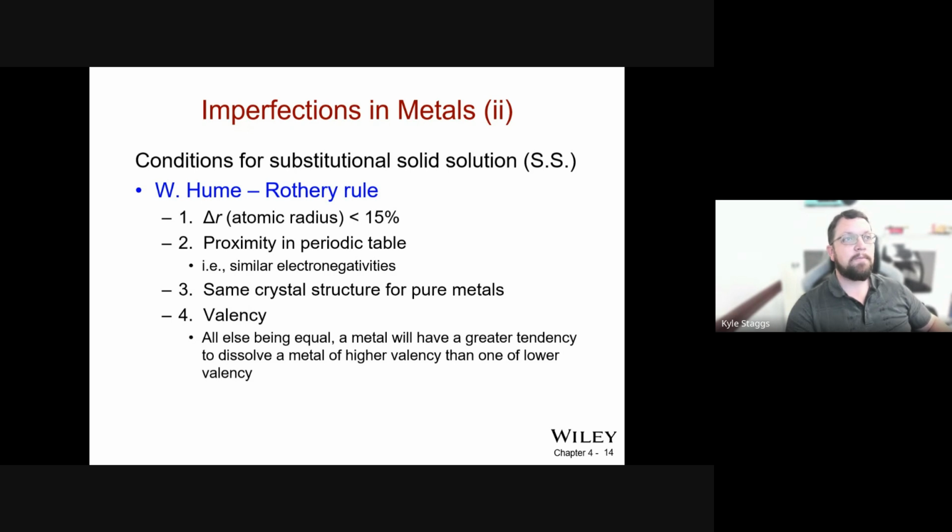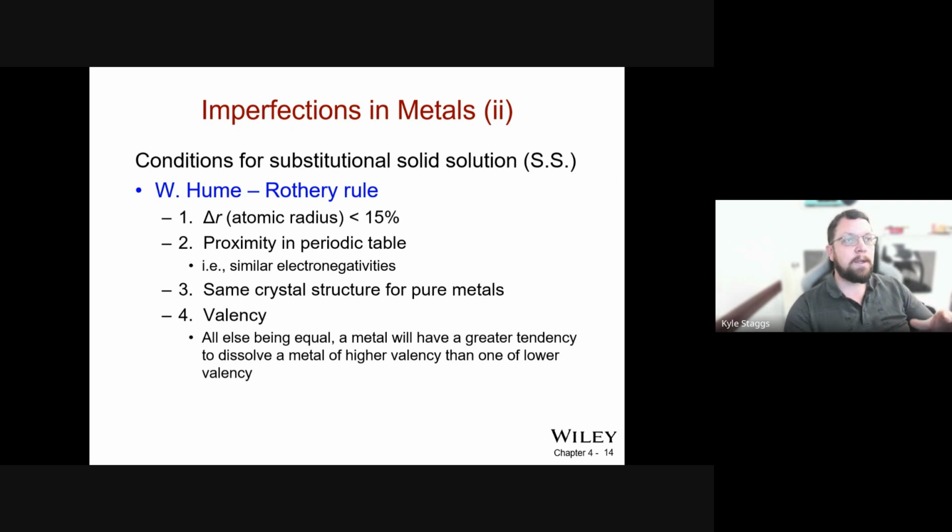There are several aspects to that, but the main important one is just to know that the metal is likely to dissolve a metal of a higher valency rather than one of a lower valency.